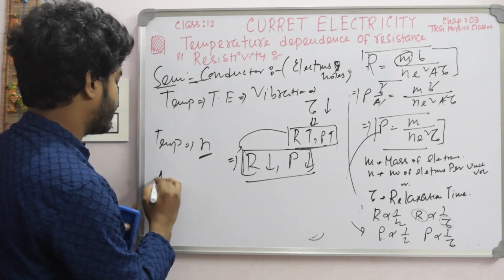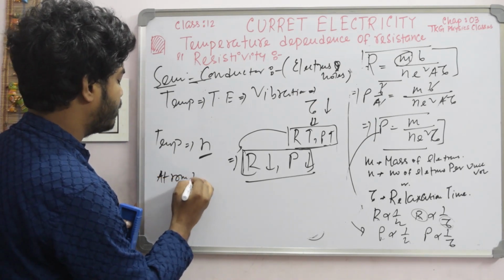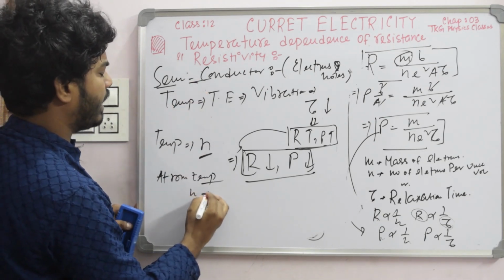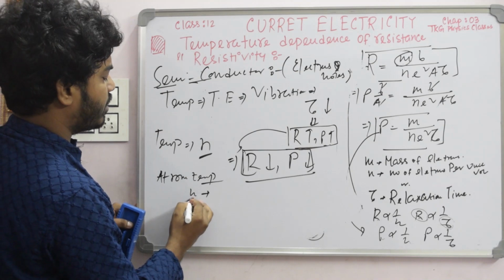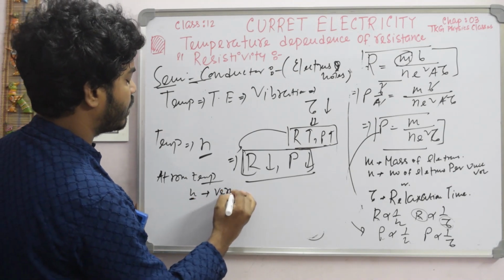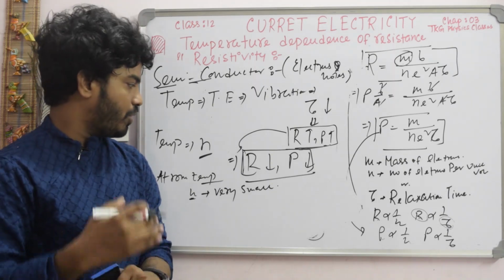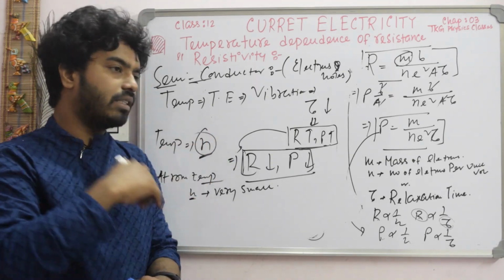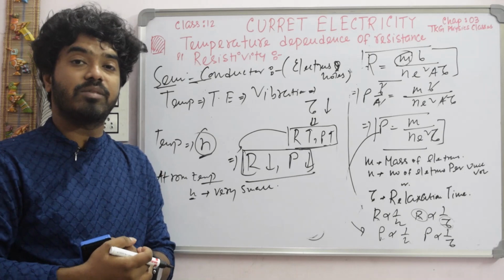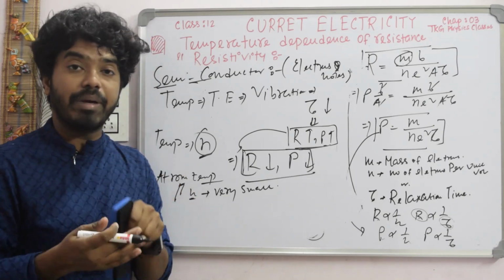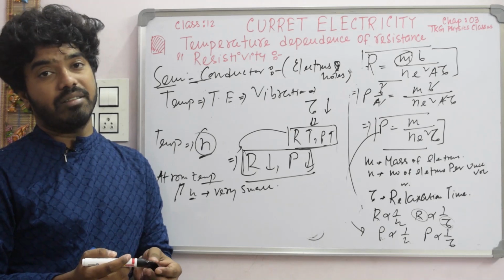At room temperature, in case of a semiconductor, the number n of charge carriers is very small. So when temperature increases, the number of charge carriers increases more rapidly, and this increase happens by doping.